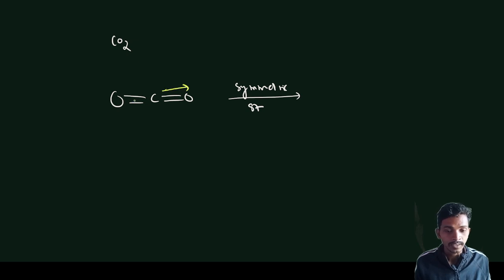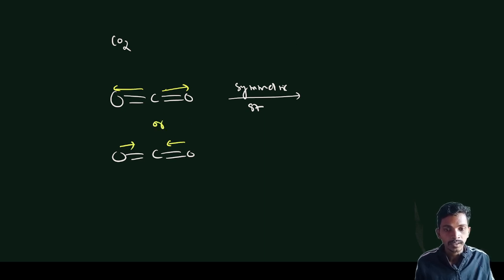Similarly, if I take CO2, now I am doing the asymmetric stretching, or let's say symmetric stretching. If I do symmetric stretching, then I will stretch in the same directions, either these directions or these directions.